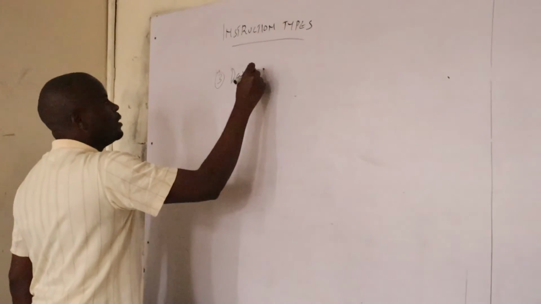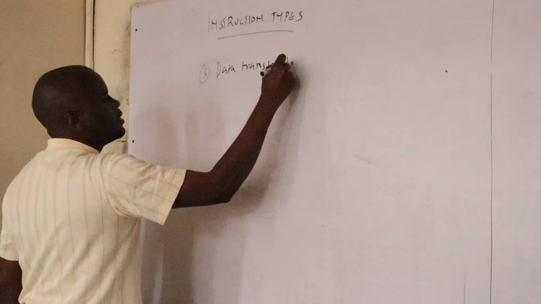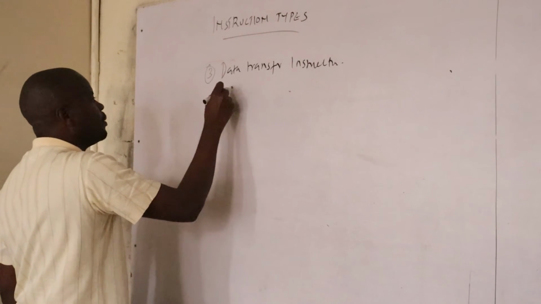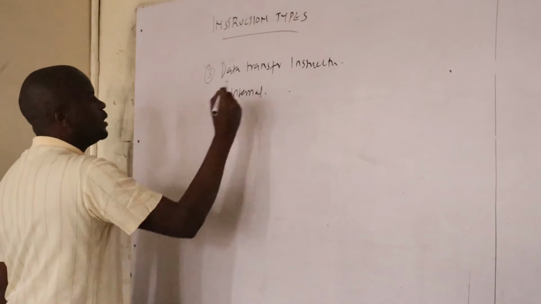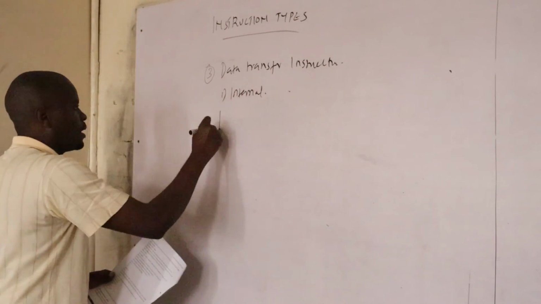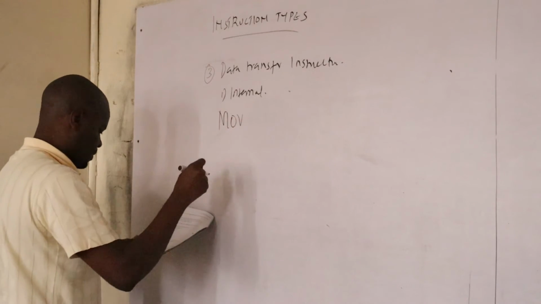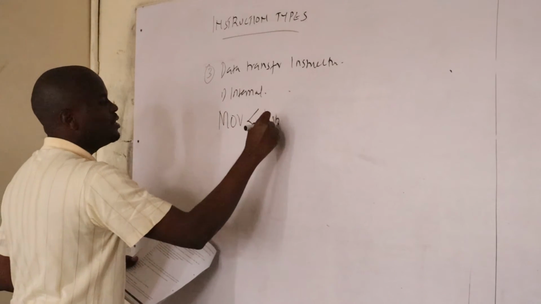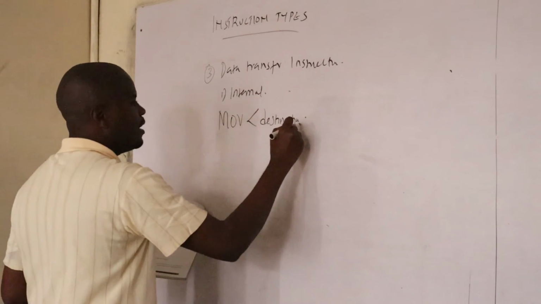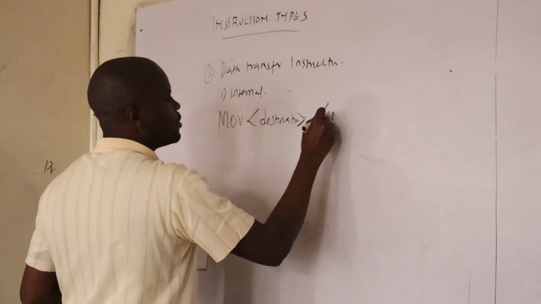This one can be represented by MOV, then destination, comma, then source.